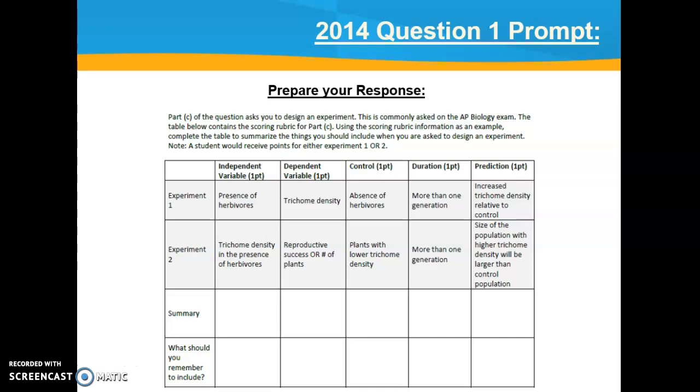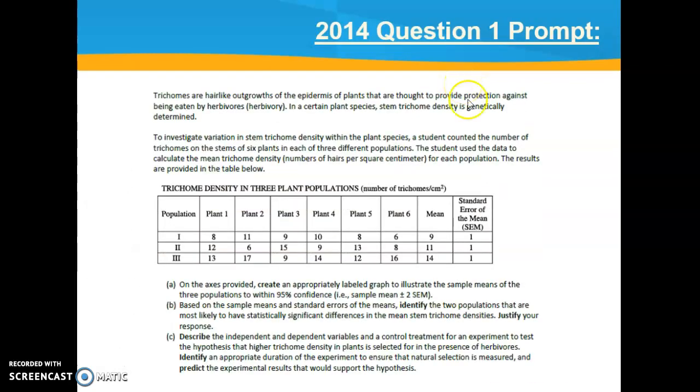So part C really asks you to do quite a few things. It's asking you to identify different things about an experiment and then design it, really. So as you saw in my video from last Wednesday, question number 1 on the AP exam, this is a perfect question for what it could look like. Think about what we did. Let's go back to the prompt.